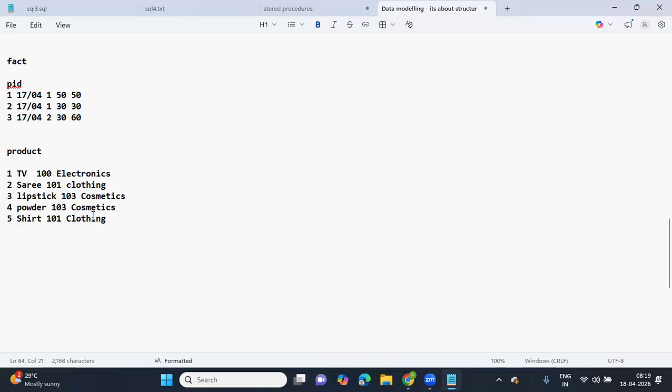Okay, so now what you are seeing here, these products 1, 2, 3, 4, 5, these are unique. So each product ID is having a different product. That is fine. But if you look at the category column, it seems to be duplicate. Okay. ID 103 is repeating. For all the cosmetics, it is 103. For all the clothing, it is 101.